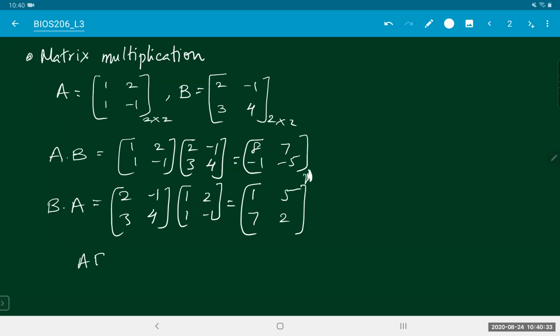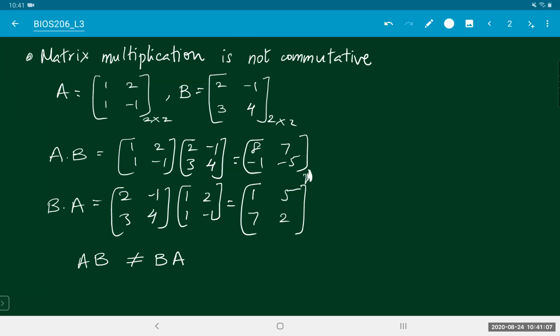So AB is not equal to BA. So we say that in general, matrix multiplication is not commutative, which means that the order in which you multiply two matrices is going to be very important. You cannot just flip the order of them. If you've been asked to multiply them in a certain order, then you have to maintain that order in order to get whatever required result you need at the end.